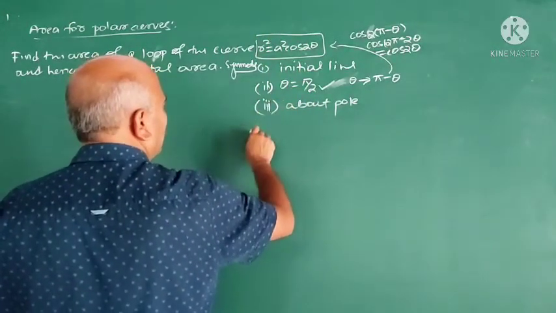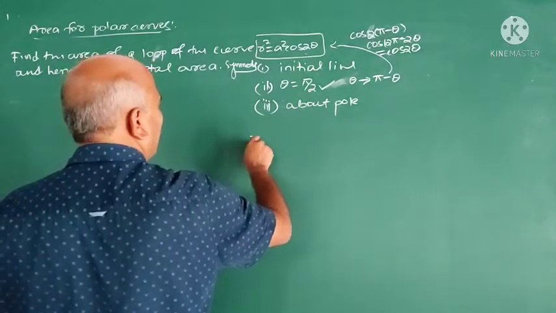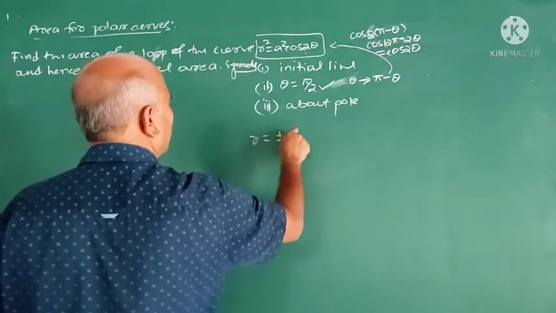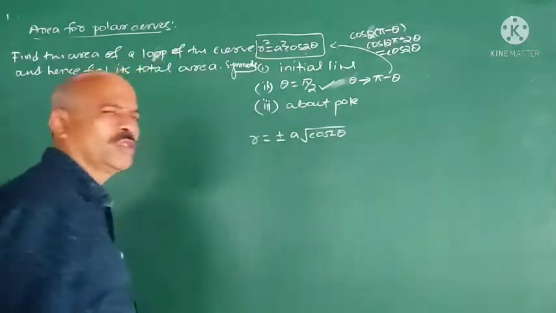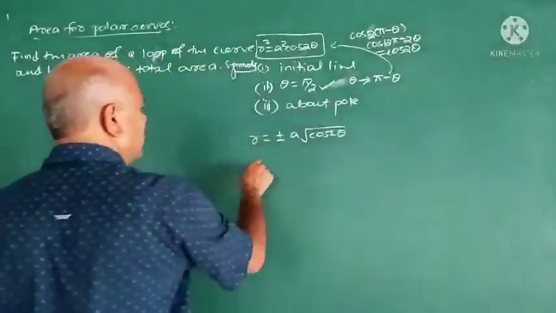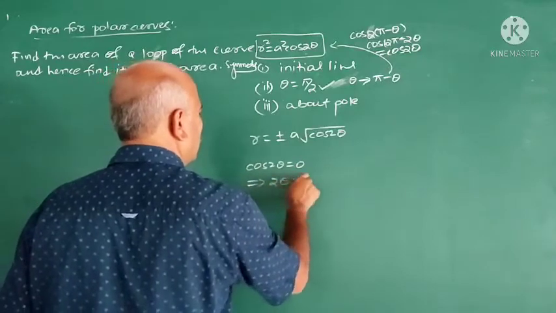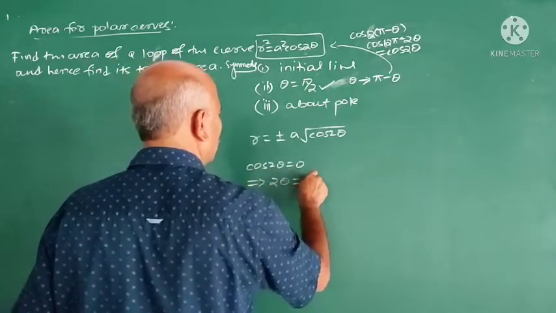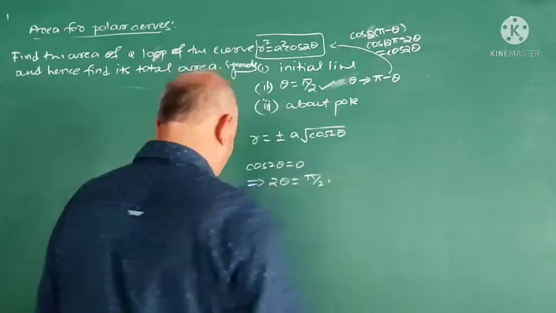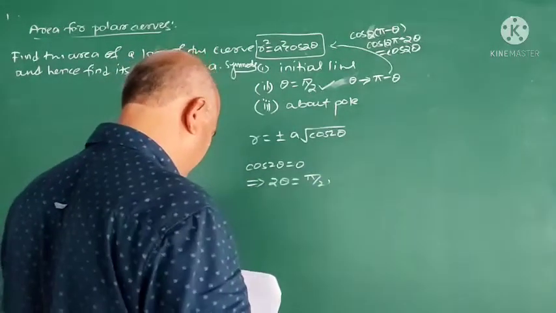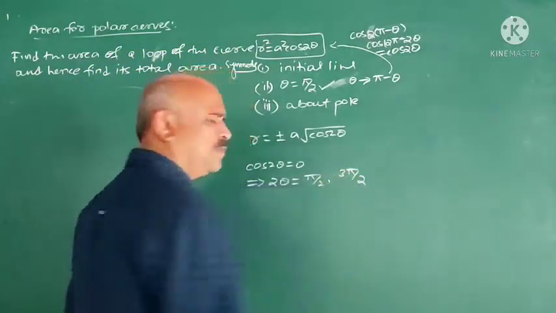If you solve this, we get r is equal to plus or minus a square root of cos 2 theta. Now I take cos 2 theta is 0. This implies 2 theta is pi by 2 or 3 pi by 2.